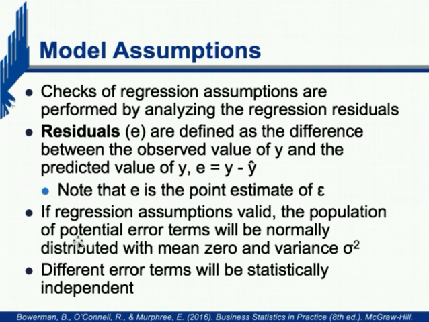If the regression assumptions are valid, then the population of potential error terms will be normally distributed with mean 0 and variance sigma squared, and different error terms will be statistically independent. That's what we mean by the independence assumption mentioned earlier.